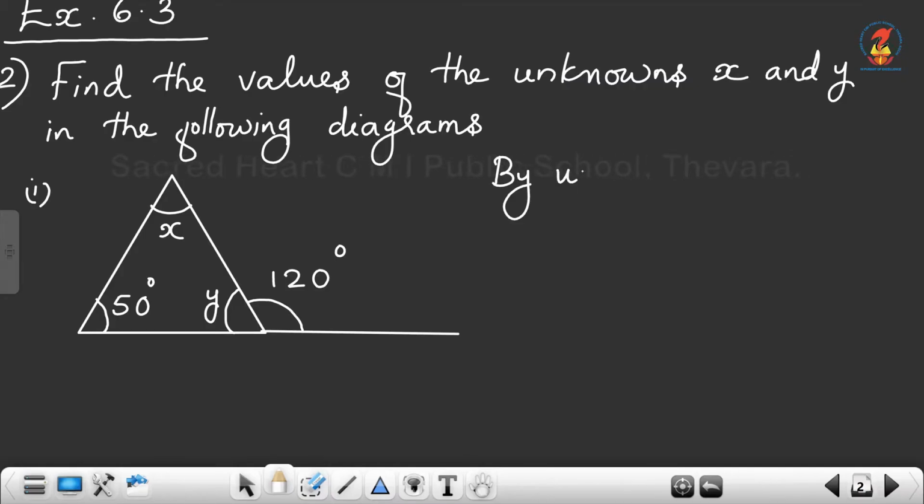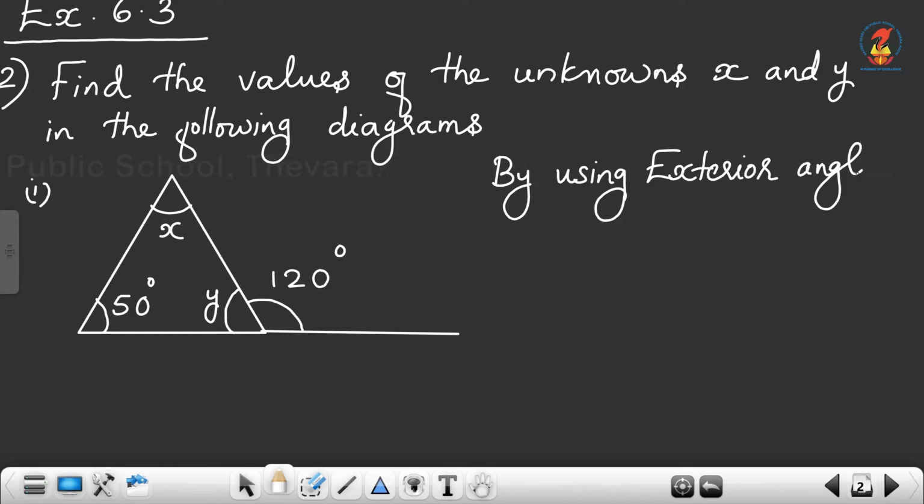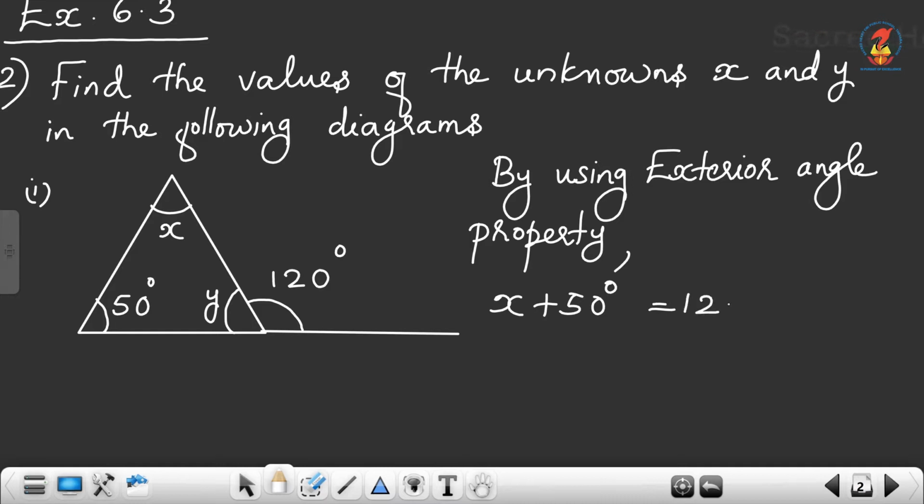By using exterior angle property, x plus 50 degree is equal to 120 degree.